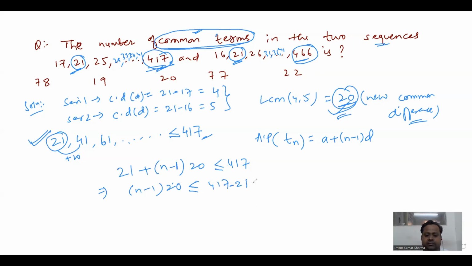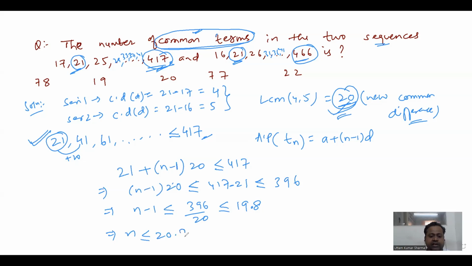When 21 goes to the other side, it becomes minus. So it becomes 396, right? Yes, 396. So when you solve further, this becomes 396 divided by 20. Now, when you divide by 20, you are getting 19 point something. How did 19 come? 380 and 16, meaning 19.8. So if you find n, it has to be less than or equal to 20.8. 20.8 means my term cannot be a fraction.